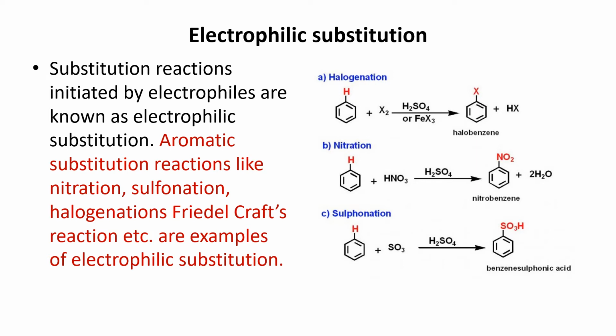Examples are halogenation, sulfonation, nitration, etc. When benzene is treated with halogen in presence of a halogen carrier like ferric chloride, halobenzene is formed. So H is replaced by X. And in nitration, when benzene is heated with nitrating mixture, a mixture of concentrated nitric acid and sulfuric acid, we get nitrobenzene.